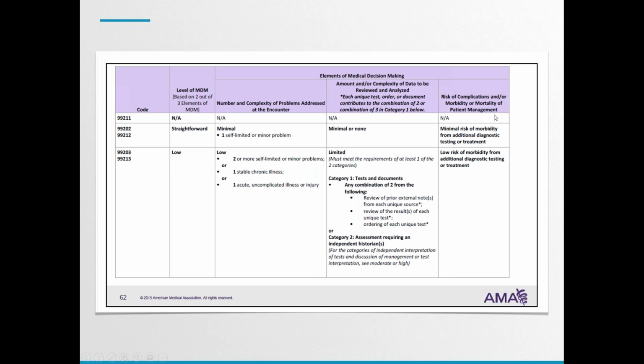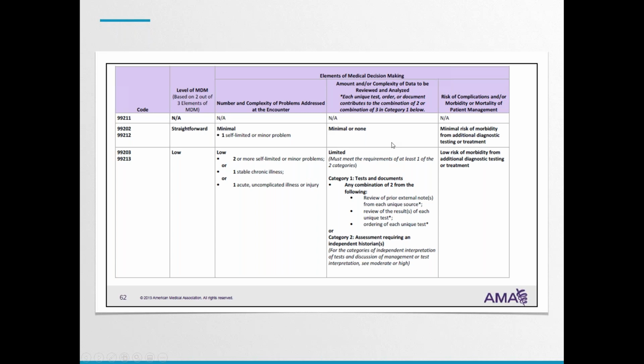And of course, we have the risk of complications and or morbidity or mortality of that patient's management. So the number and complexity of problems that are addressed and the risk sections stayed the same with some minimal changes. But when we get to our data elements, this is where you're going to see most of the changes take place.